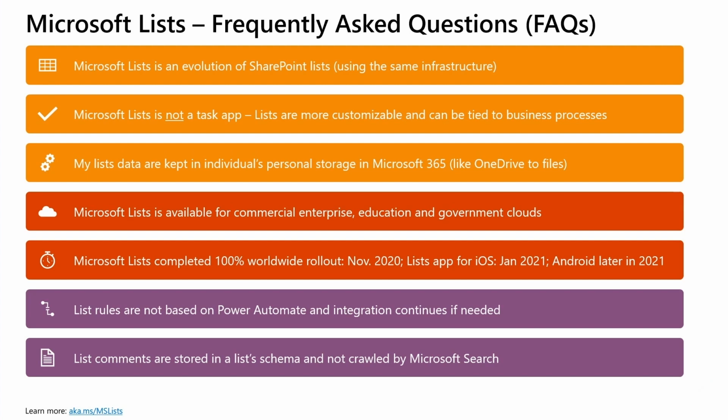And it's not available for the Microsoft search engine to index comments. So comments are private to the group that's working on the list, and private from a broader search perspective. Again, more of an IT question, but certainly a point of clarity when we think of comments being a specific new component of lists. They are private and not shared or crawled by Microsoft Search.